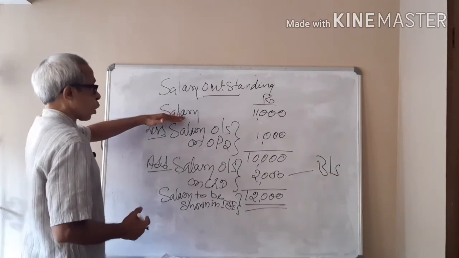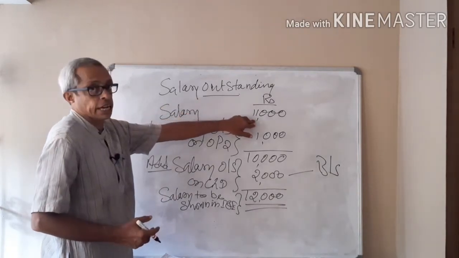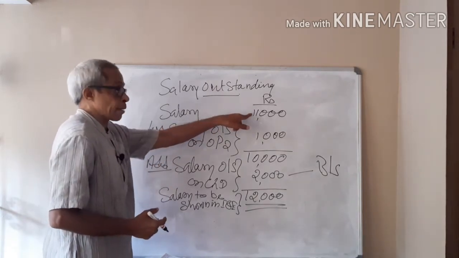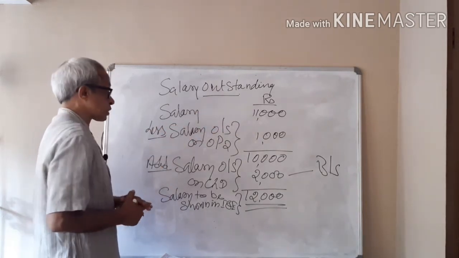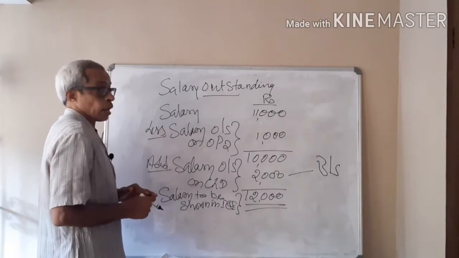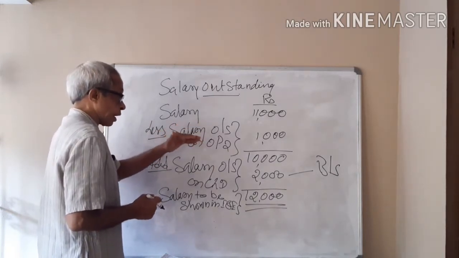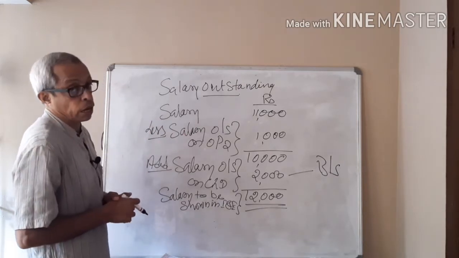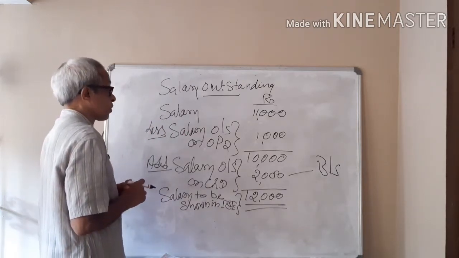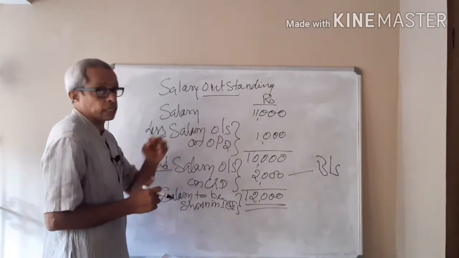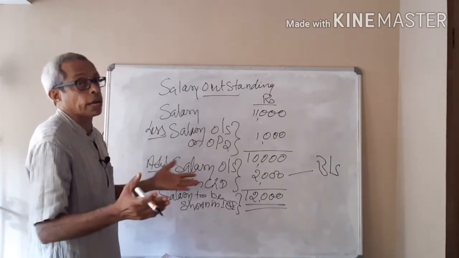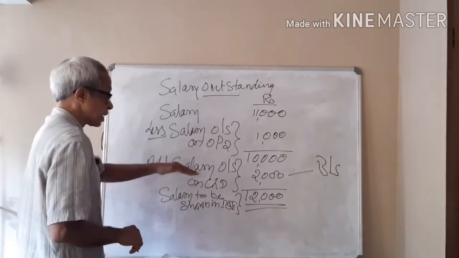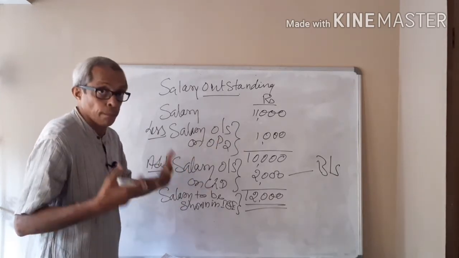The total amount of salary paid is taken from the payment side of receipts and payments account, the opening date outstanding figure of salary may be deducted, assuming that the whole amount has been paid, and the closing date outstanding figure is added, accrued but not paid.